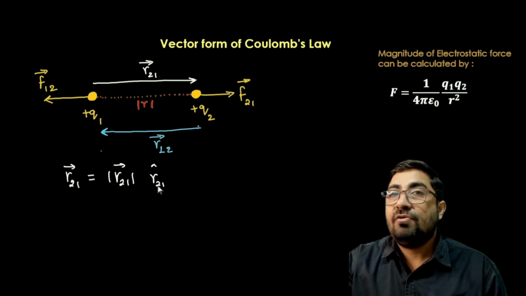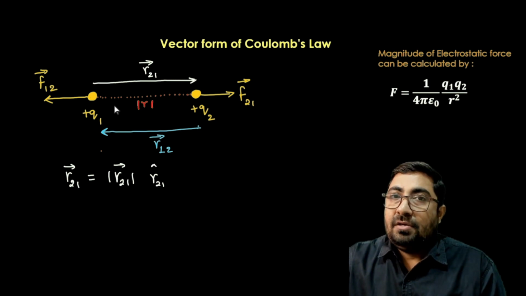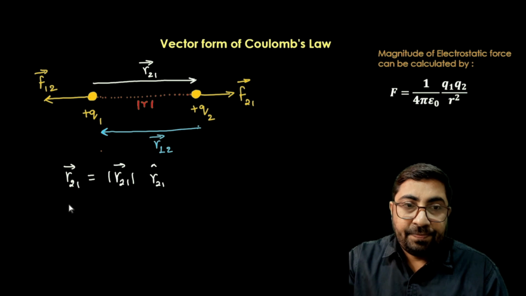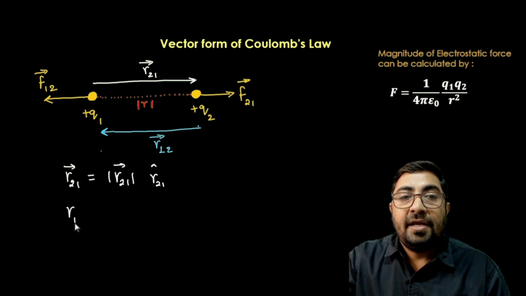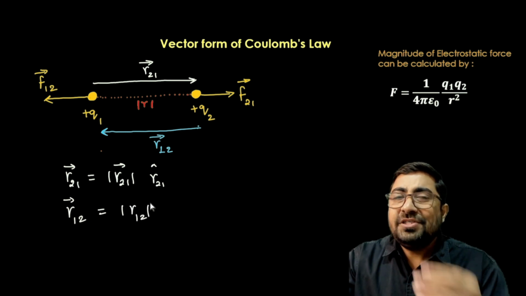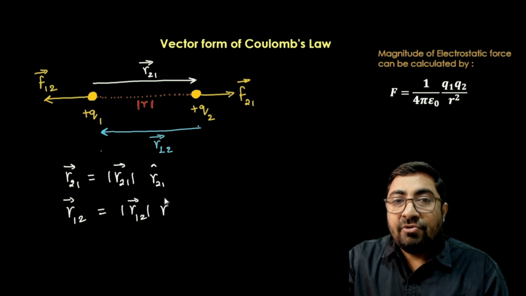Here the unit vector of r21 represents the direction of application of force from q1 to the charge q2. Similarly, I can write r12 equals the magnitude of the vector r12, which is also equal to r, and the unit vector of r12.